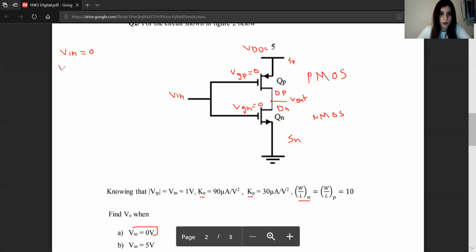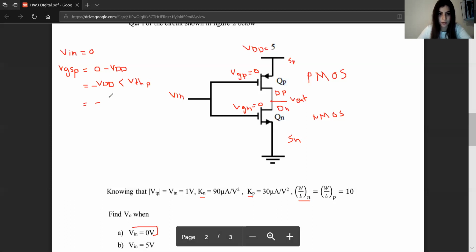if you want to find VGS for P, we need to subtract the voltage at the gate, which is 0, minus the voltage at the source, which is VDD. So 0 minus VDD equals minus VDD. Minus VDD is less than V threshold P, which is equal to minus 1.